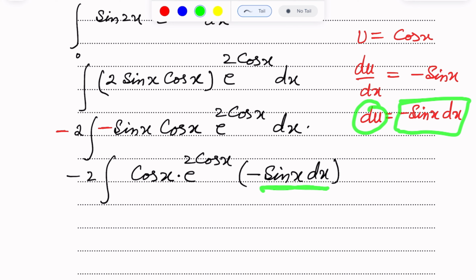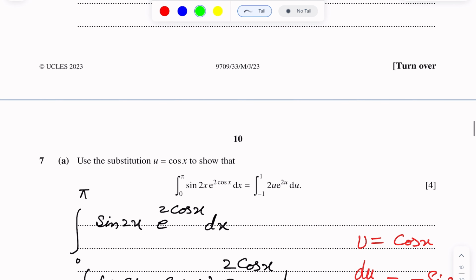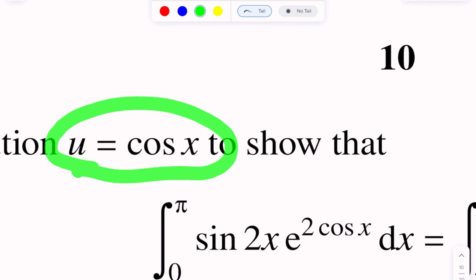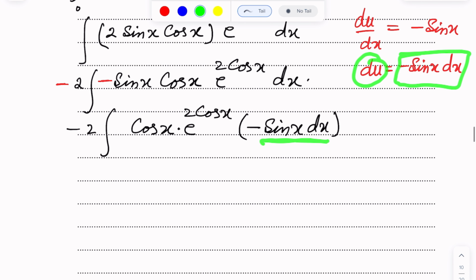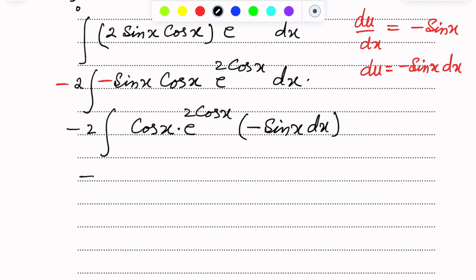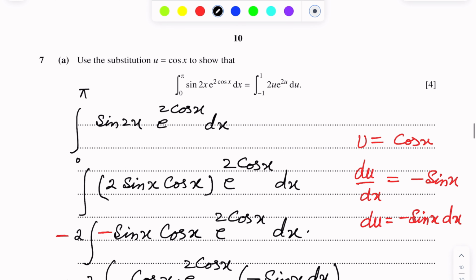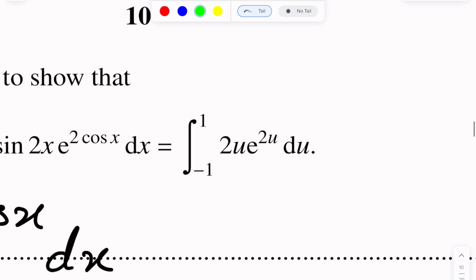This becomes du, and because the substitution is u is equal to cos x, in place of cos x we will put u. This becomes minus 2 u. We can write this minus here, and 2, because we have to show 2u e power 2u.